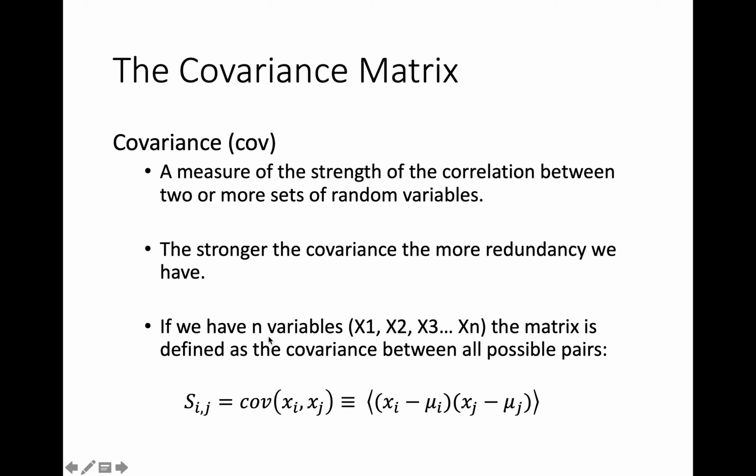Now, if I have n variables, x1, x2, this is multivariate. So in the case of the iris, they measured 4 things. The matrix is the covariance between all possible pairs. And remember, the covariance, when we first talked about statistics, is how each measurement varies from the mean on the i and on the j axis.